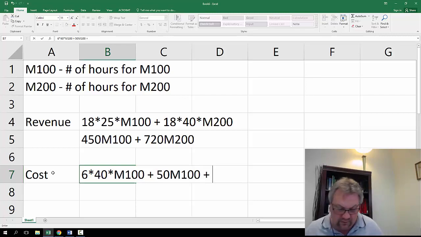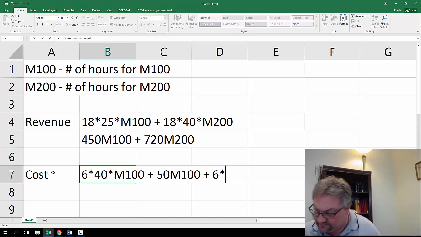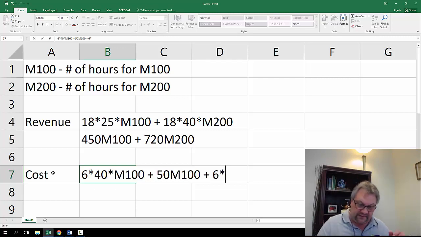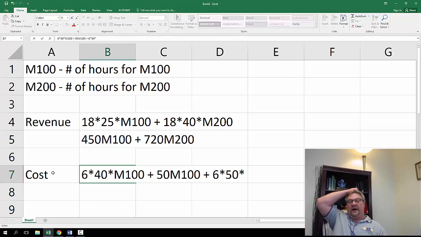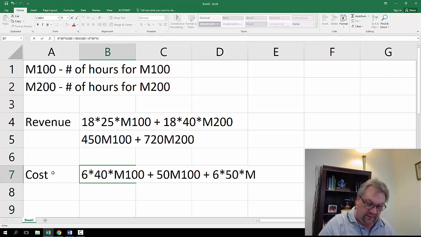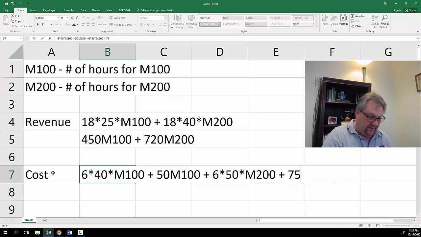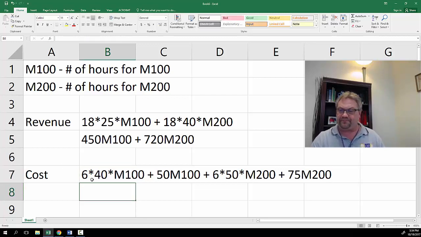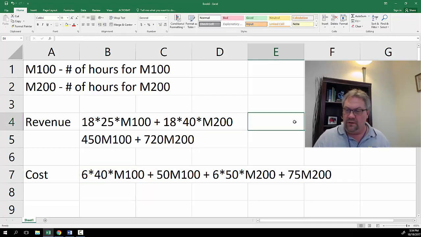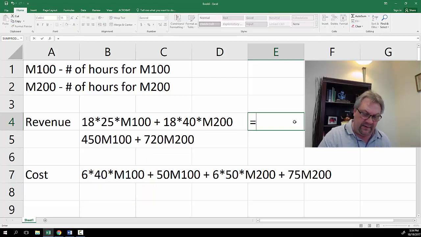And then for the other one, it's 6 times 50 pounds, that's 50 pounds per hour, times how long I run the M200. Plus 75. This costs $75 per hour to run the M200. So for the M100, I am going to have 6 times 40.